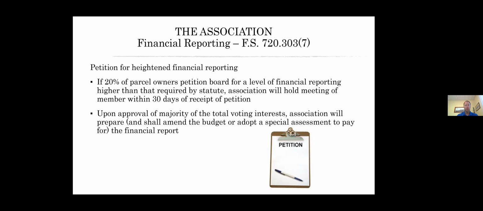Okay, again, statutes protecting association members. There are mechanisms in the statute that would obligate the board to report to the membership at a higher level if they follow those procedures and steps.